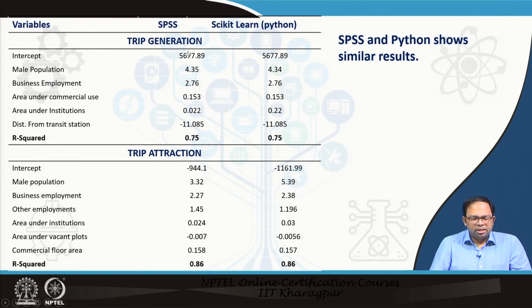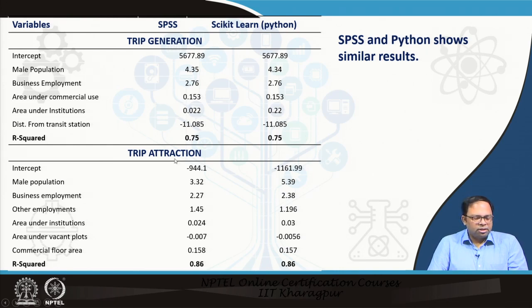So, in SPSS, these were our estimates, and in Python, using this scikit-learn package, we have got this particular estimate. So, this more or less matches, like the intercept was almost the same. This is 0.435, this is 0.434, 2.76, 2.76, more or less exactly the same results we are getting either using SPSS or using Python.